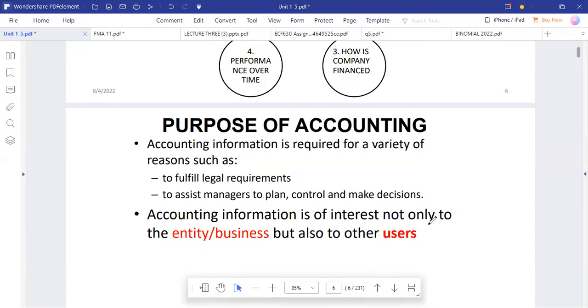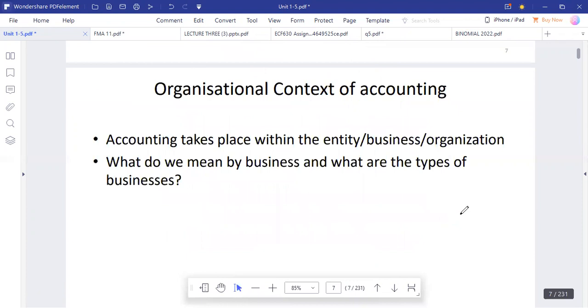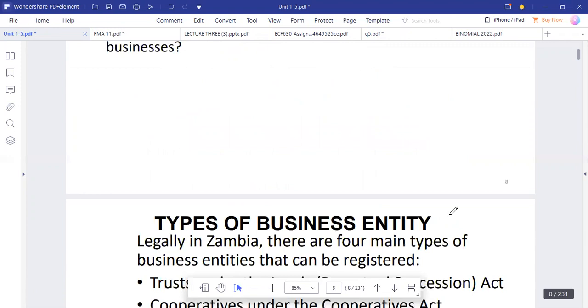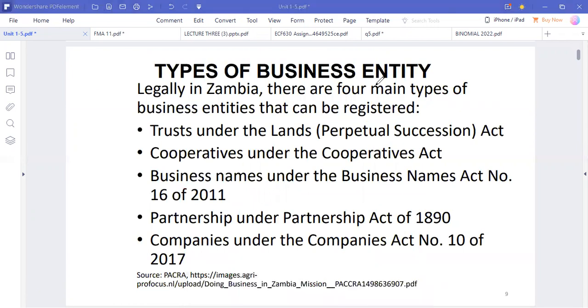So accounting information is of interest not only to the businesses themselves, but there are also other users. And this will be later on discussed in terms of the internal and external users of accounting information. So we also have different types of business entities that exist, starting with the sole trader, partnership, cooperatives, and companies.